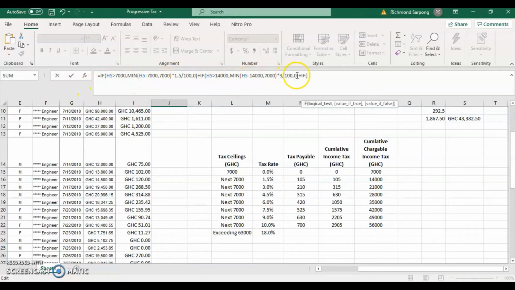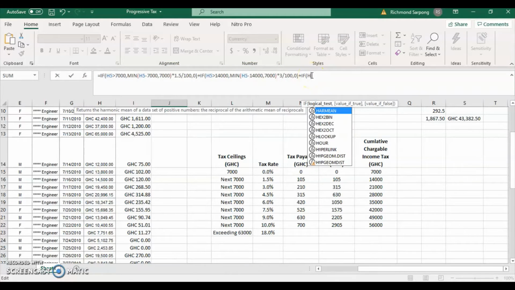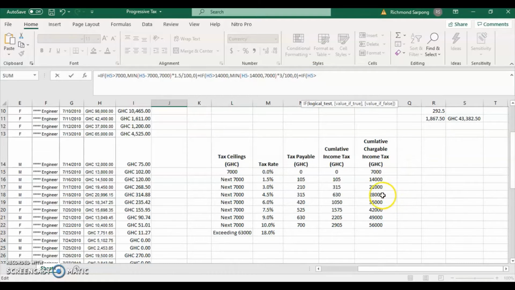Greater than 14,000. So if H5 is greater than 21,000, if it's greater than 21,000, then I would say MIN, H5 minus 21,000.